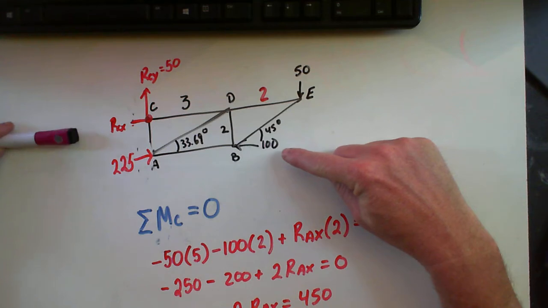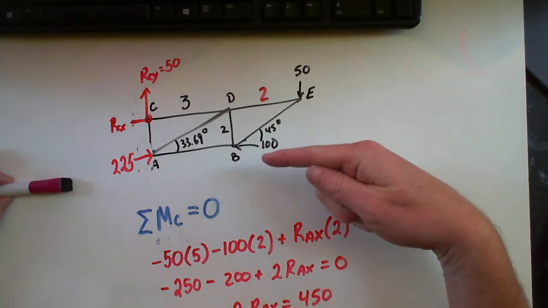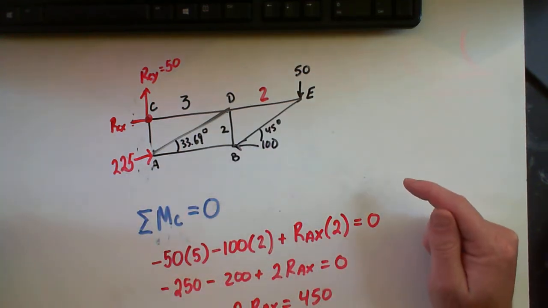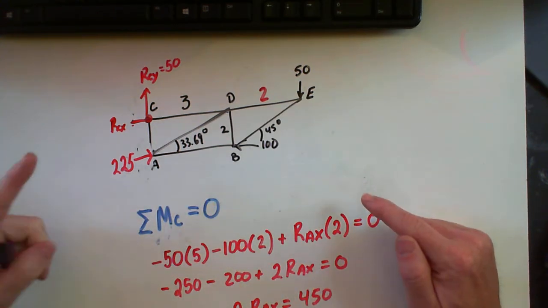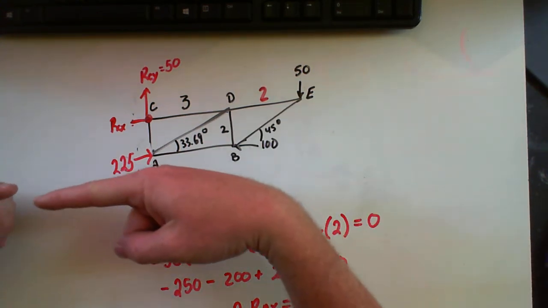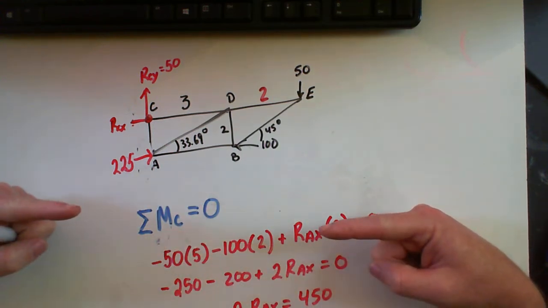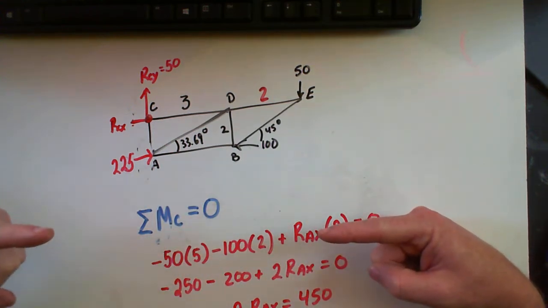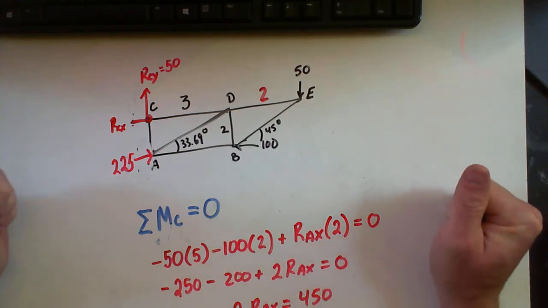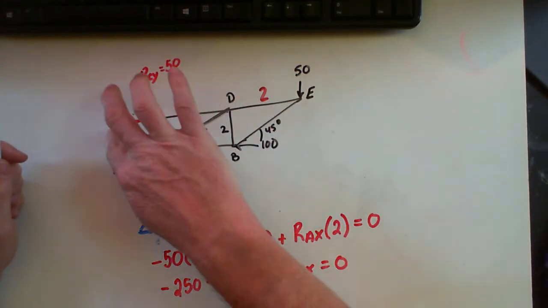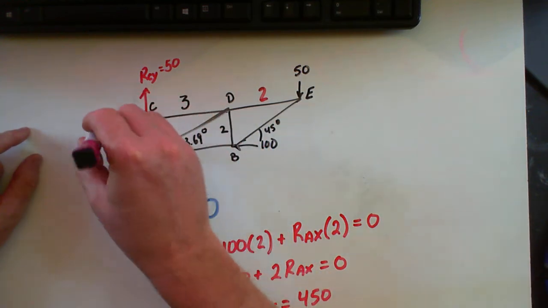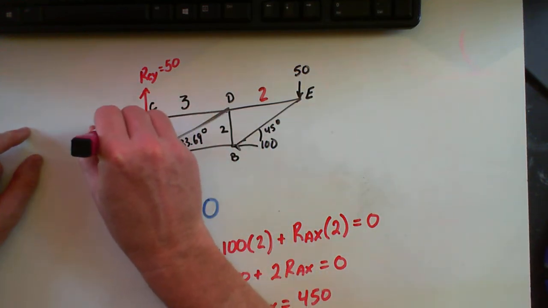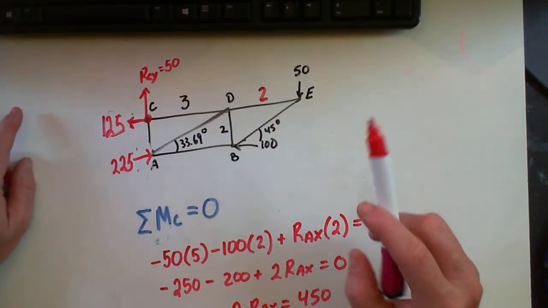We look and see, all right, there is 100 coming in. There's 225 pushing back out. So we have 100 this way, 225 that way. So we have an extra 125 going in the right direction. So this one has to counteract that. So this is going to be 125 coming this way.